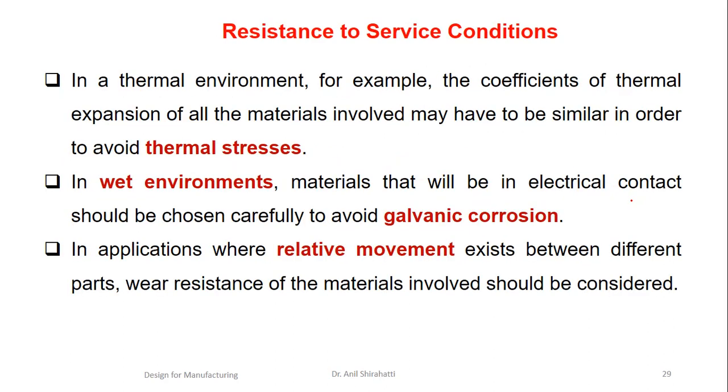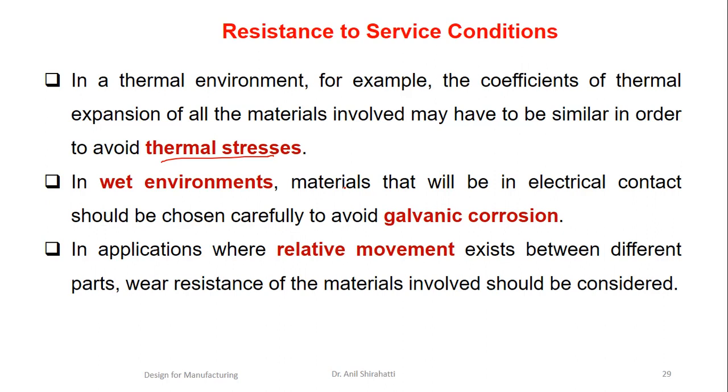In thermal environment, for example, the coefficient of thermal expansion of all the materials involved may have to be similar in order to avoid any thermal expansion or thermal stresses. In wet environment, materials that will be in electrical contact should be chosen carefully to avoid any galvanic corrosion effect.